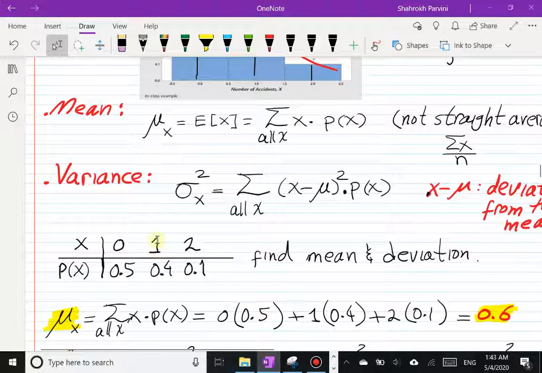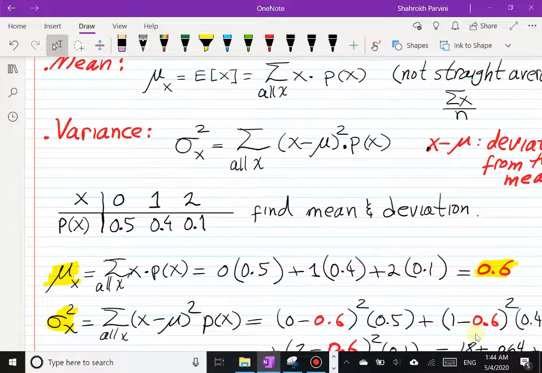Next outcome, probability of outcome. That's the next one. Plus outcome times probability of outcome. And the reason we are adding them is because of that sigma. The sigma in front, that's a command to add. That means add them up. So you work the arithmetic. I got 0.6. And we'll verify these numbers, by the way, in Minitab in a few minutes.